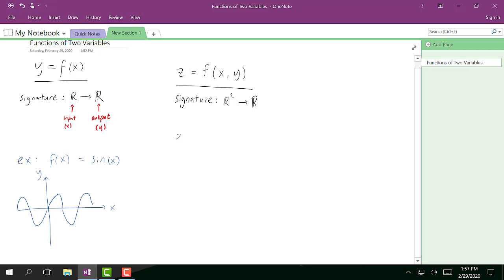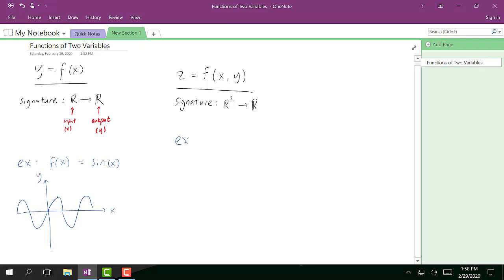So an example for a function of two variables might look like this. Let's take, for example, the function z equals, and of course we can write this as a function of x and y. You don't always have to put in this part right here.